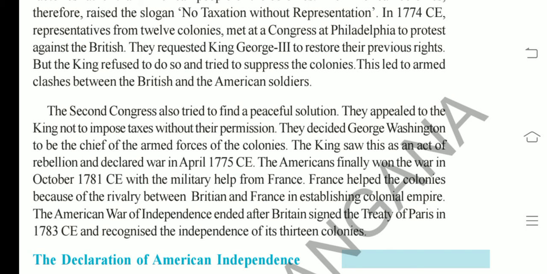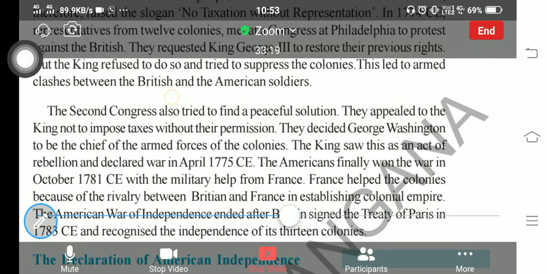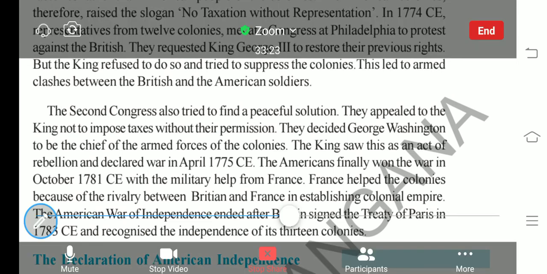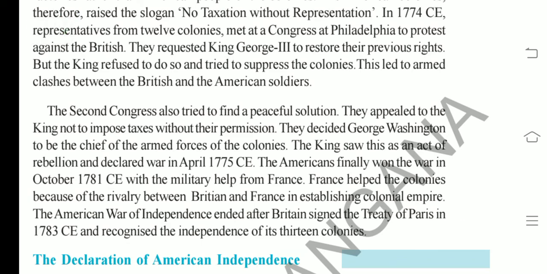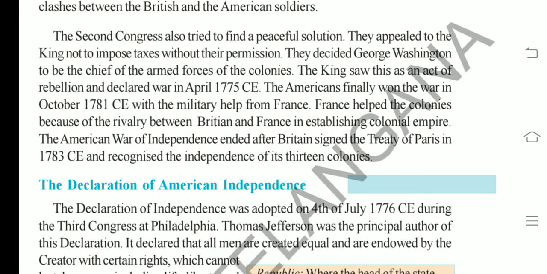These European countries had established colonies in every part of the world. In that, Britain had established a vast empire. Finally, America also got independence from the British.